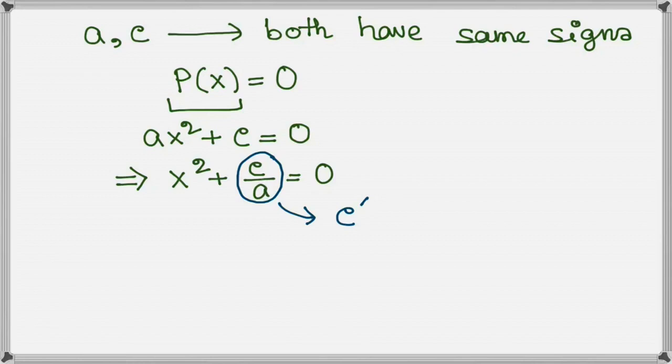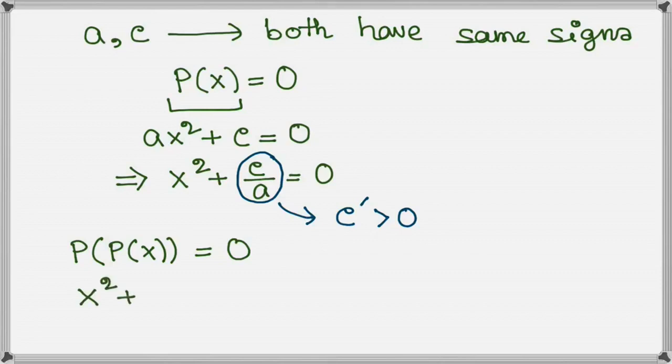And since a and c both are having same signs, we can conclude that c prime is strictly bigger than 0. Now let us write what is p of p(x) is equal to 0. So this is nothing but (x square plus c prime) whole square plus c prime is equal to 0.